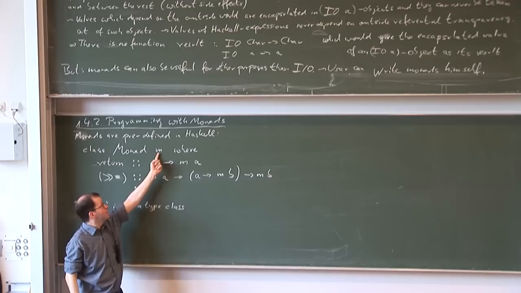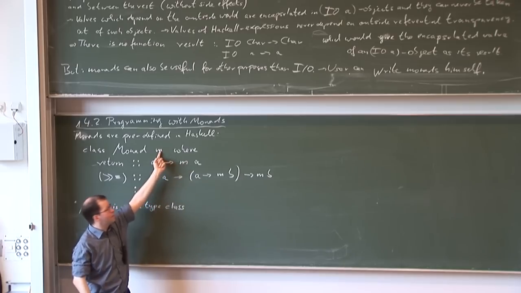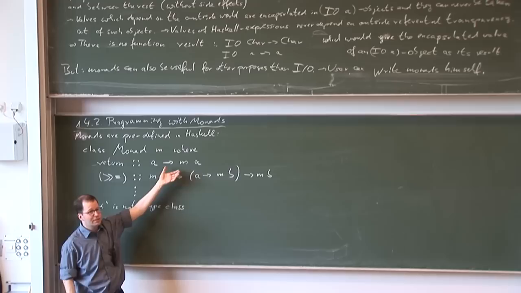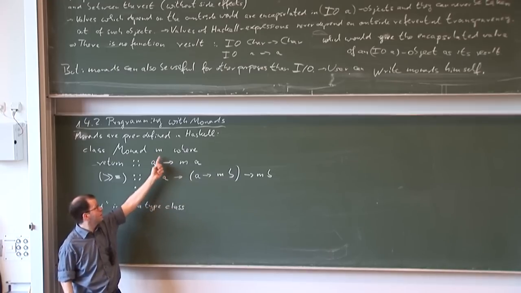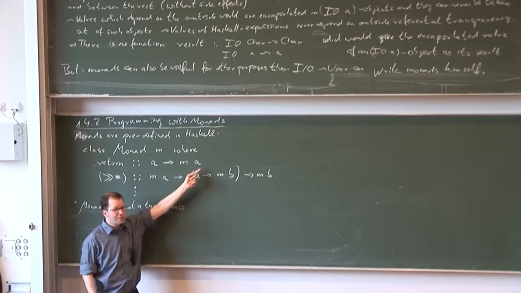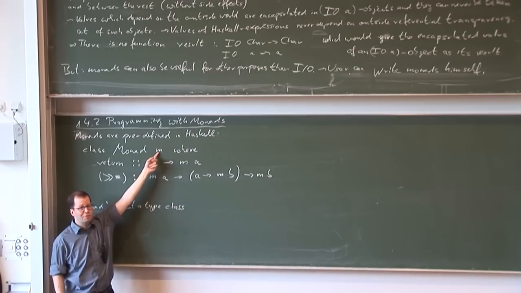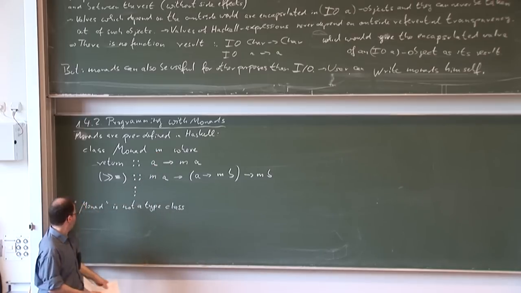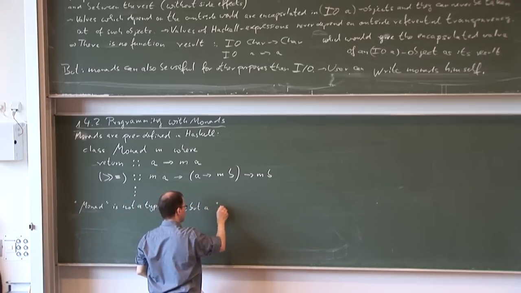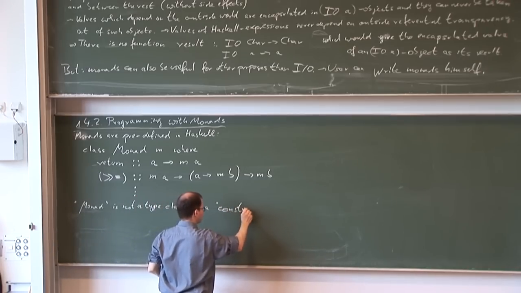So M is a type constructor of arity 1, like the list type constructor, the square brackets. M waits for a type A, and then MA is a new type. So this is not a class of types, but a class of type constructors. You can do something like this in Haskell as well. So monad is not a type class, but a constructor class.